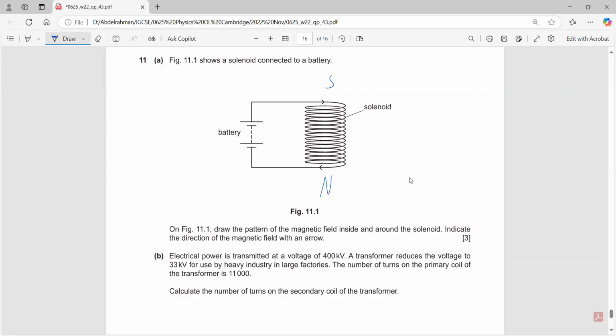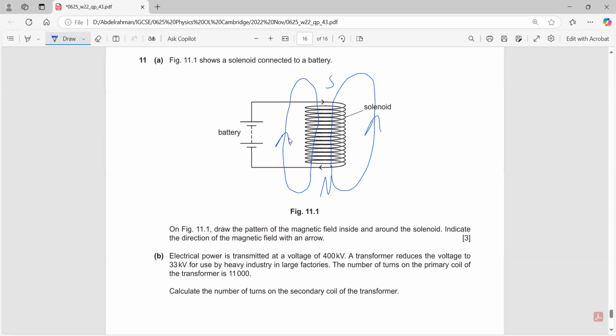Can I draw the magnetic field lines if I have a magnet with the North Pole and the South Pole? Yes, it's always moving from the North Pole to the South Pole. So you need to draw a magnetic field line this way and add an arrow. What about in the middle?